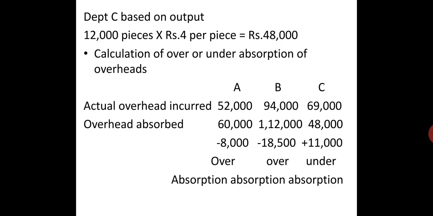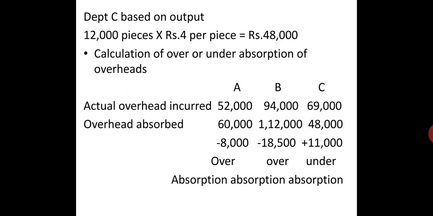Now, calculation of under or over absorption of overheads. For departments A, B and C, actual overheads incurred are 52,000, 94,000 and 69,000 respectively. Overhead absorbed for A is 60,000.